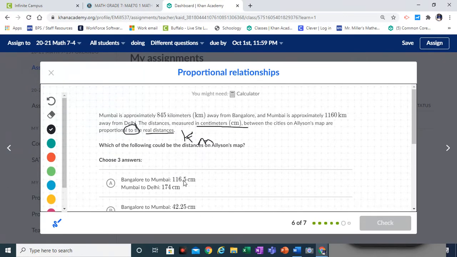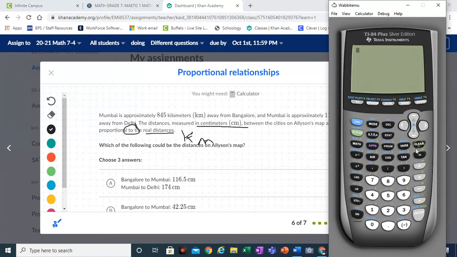So we have to do 116.5 divided by 845. That's centimeters divided by kilometers. And then we need to do 174 divided by 1160, and we get 0.15.